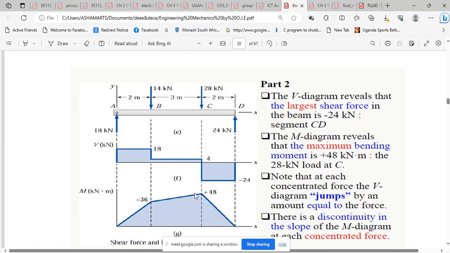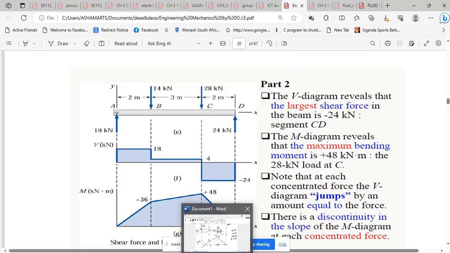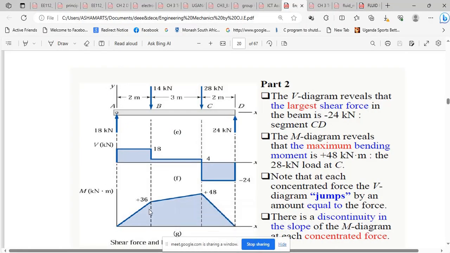Then we have another governing equation between B and C, which is 4x plus 28. At x equal to 2, we have 4 times 2, which becomes 8, plus 28, gives you 36. Then at x equal to 5, 4 times 5 is 20, plus 28, I get 48.